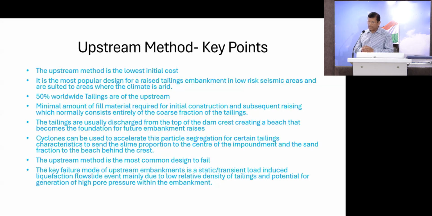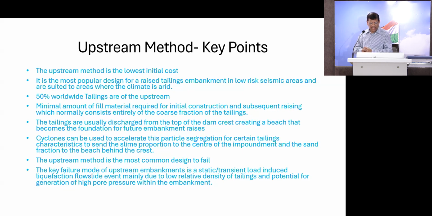Like I mentioned, from 1960 to 1980 the majority were all this tailing structure, and in 1980 when they saw some failures, people went to the other method. So currently 50% in the world is the upstream design.